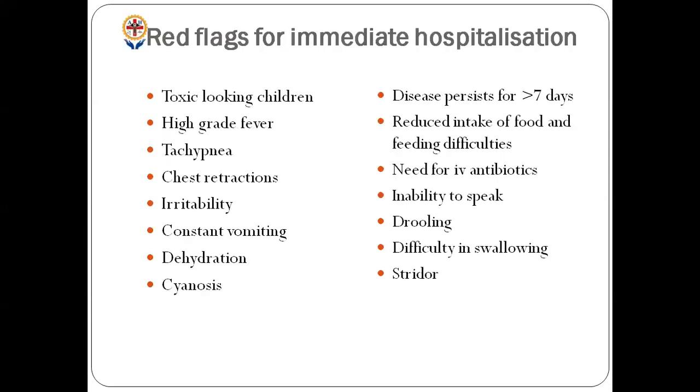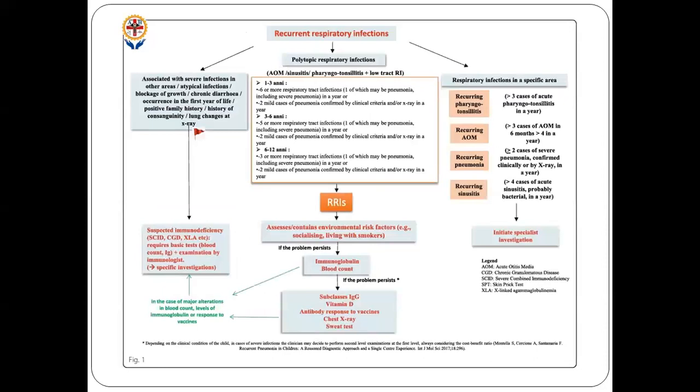Yes, definitely. So here is a beautiful algorithm for how to approach a child who presents like this. Here they're discussing recurrent infections in a specific area, like recurring pharyngotonsillitis, recurring otitis media, recurring pneumonia, and recurring sinusitis.